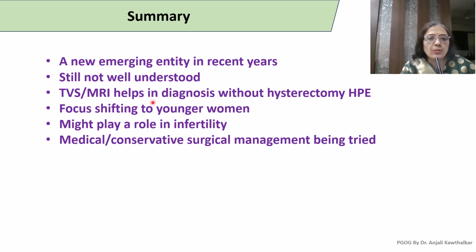More and more focus is shifting to the presence of this disease in younger women in the last few decades. There is an emerging understanding that adenomyosis might be playing a role in infertility as well as in pregnancy outcome. Medical or conservative surgical management is being tried in more and more women in the last few years.